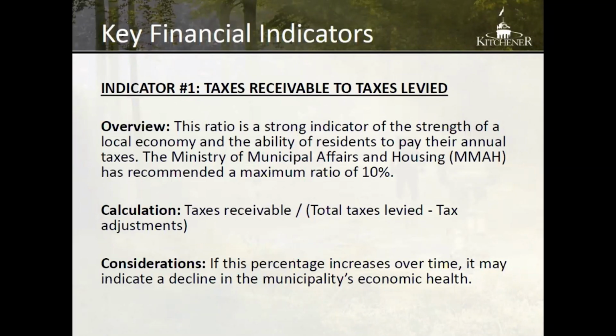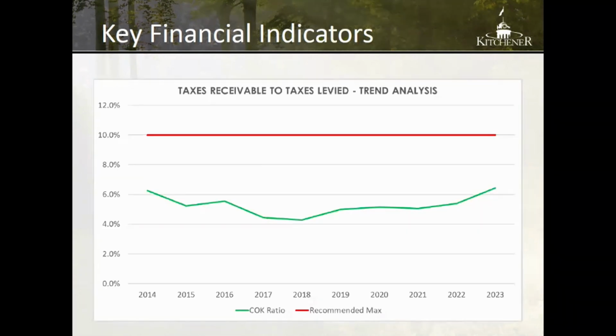The first indicator is taxes receivable as a percentage of taxes levied. The Ministry of Municipal Affairs and Housing has recommended a maximum ratio of 10% to remain in the low-risk category. As you can see, the city's ratio, the green line, has increased slightly over the past couple of years.